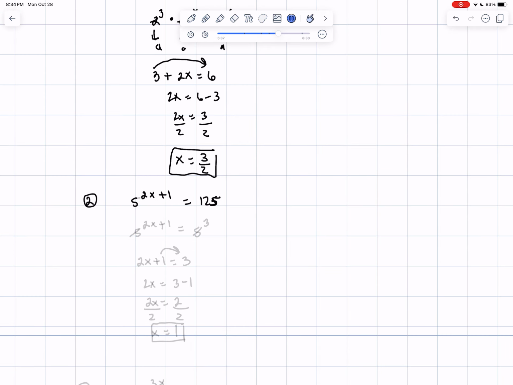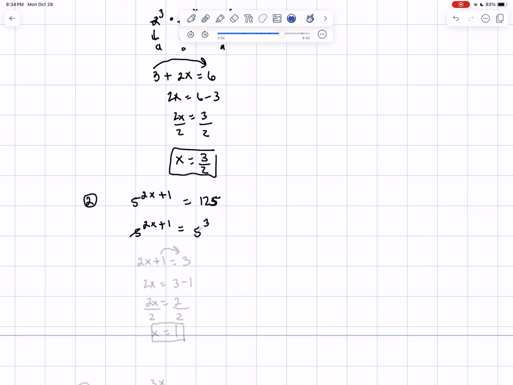Okay, so I want to use 5 here. So 5 is going to stay the same. Now, 5 to what power will give me 125? 5 to the second obviously will not be it. 5 to the third.